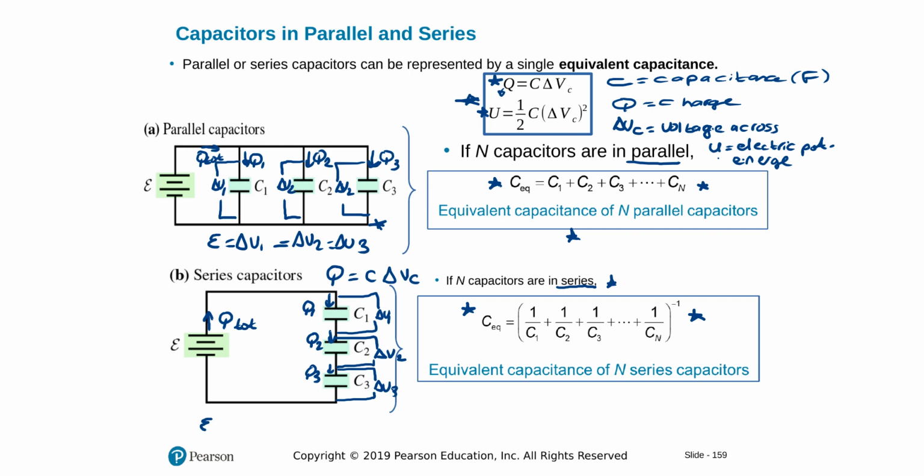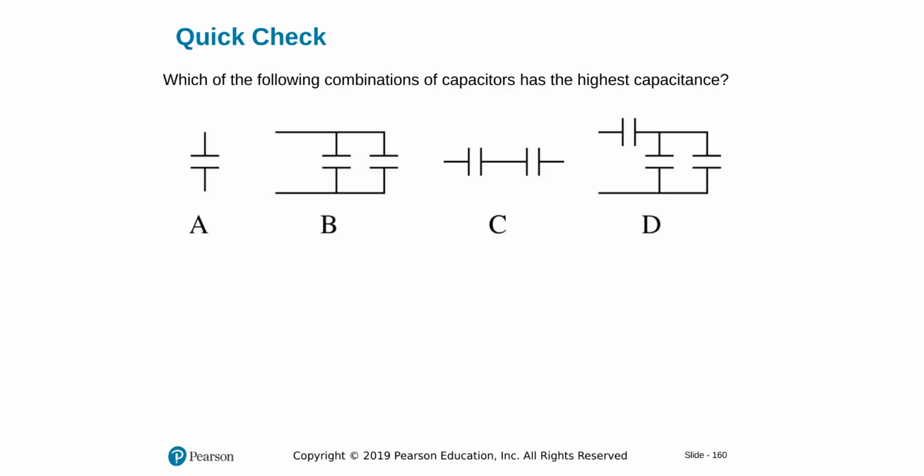Over here we can write epsilon is equal to delta V1 plus delta V2 plus delta V3. Comparing capacitances here, if these are all equal capacitors, let's see if I call these two C and C, I have them in parallel.